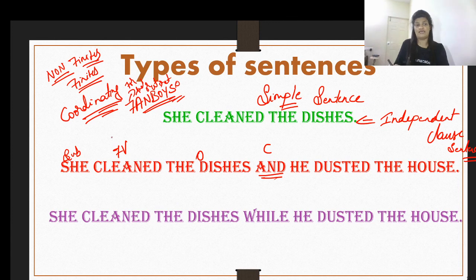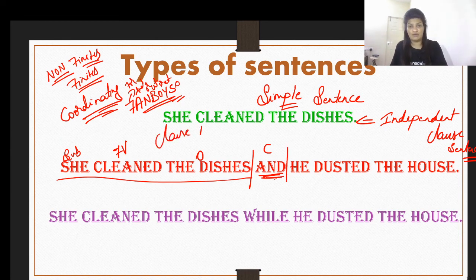So here we have one subject, one finite verb, the object, and then we have the conjunction and. So this is our clause number 1.